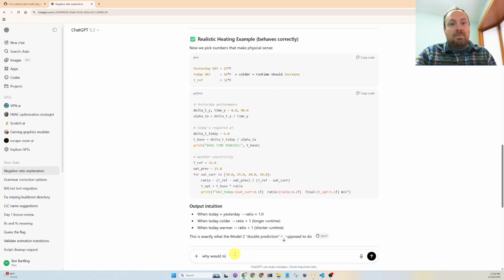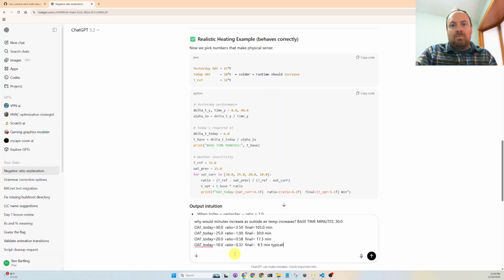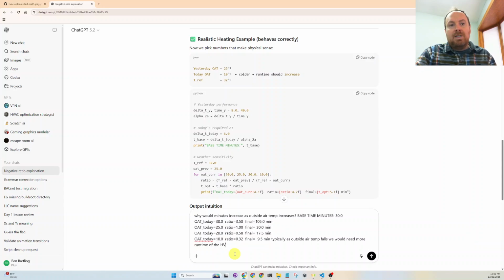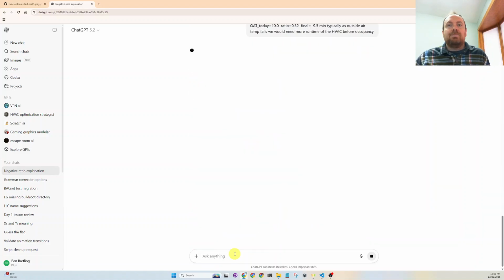Why would minutes increase as outside air temp increases? Typically, as outside air temp falls, we would need more runtime of the HVAC before occupancy.